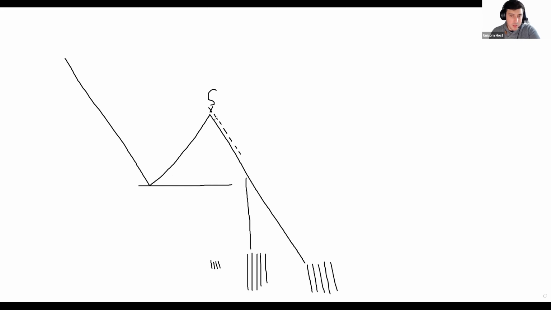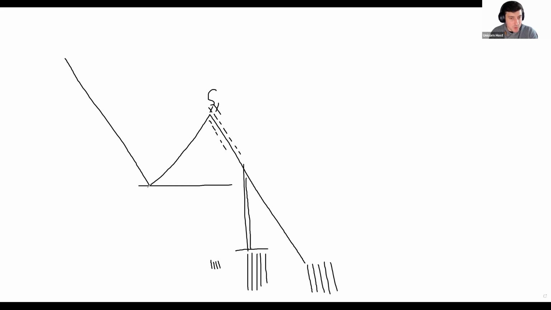So either that seller comes in hard from day one and shows higher volume and comes in full speed. That way you see higher volume from day one, from the top. Or it might come in slowly and gradually, and then all of a sudden it will come in hard with higher volume.